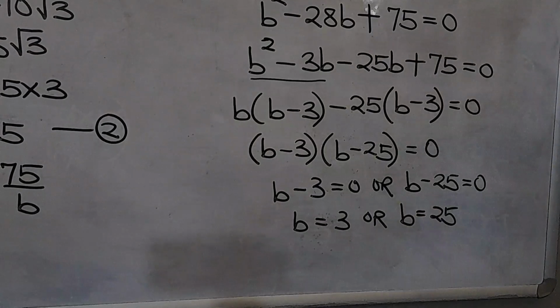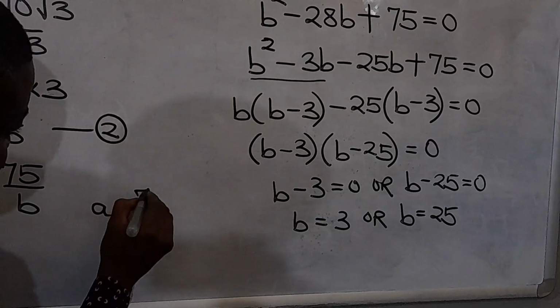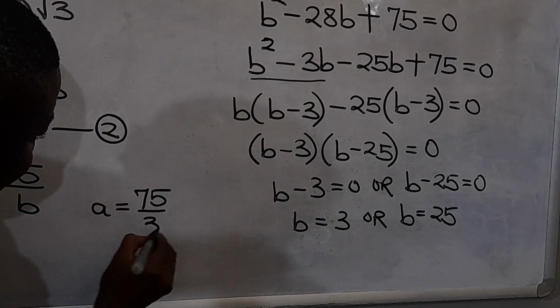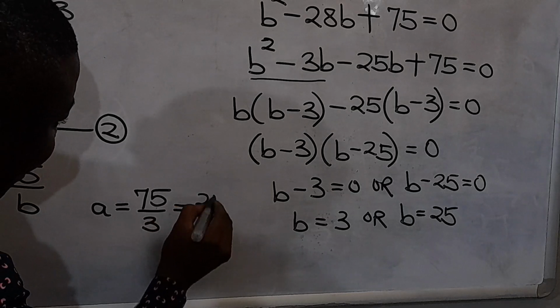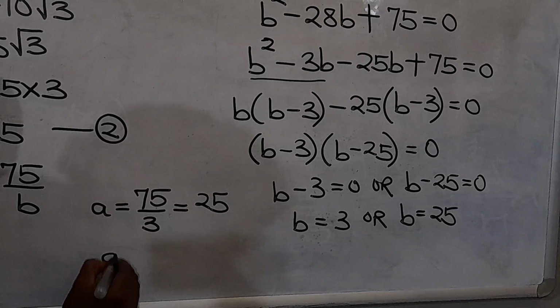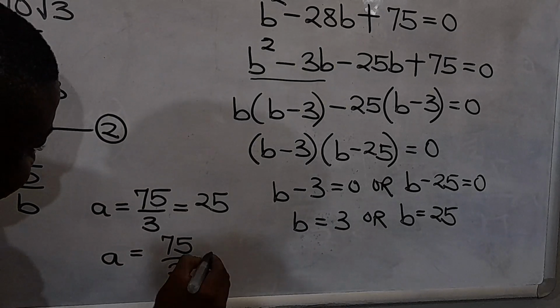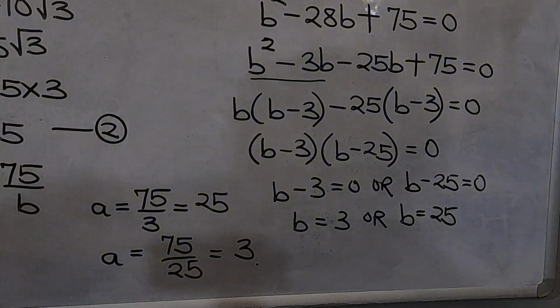Now we've gotten the values of b. So if b is 3, what is a? When b is 3, a becomes 75 over 3, which is 25. Or when b is 25, a becomes 75 over 25, a becomes 3. So we've gotten the values of a and b.